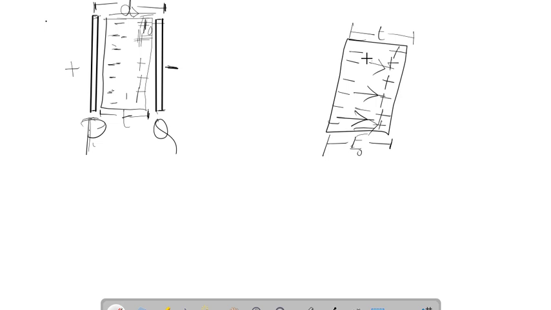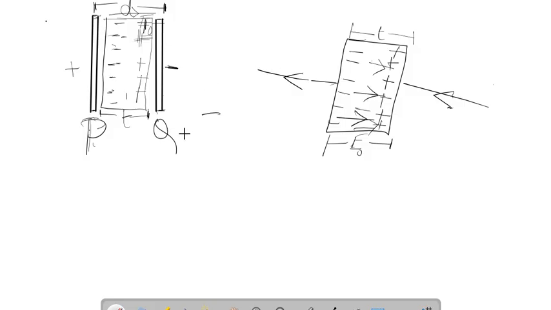Now, these induced charges give rise to an induced electric field, that is EP, which is in a direction opposite to the applied field. EP will be in this direction. These induced charges separated out.